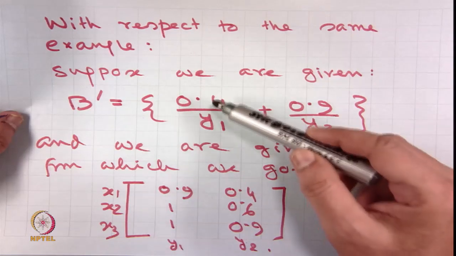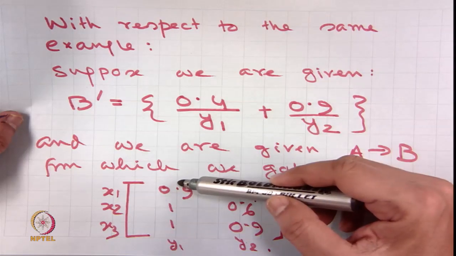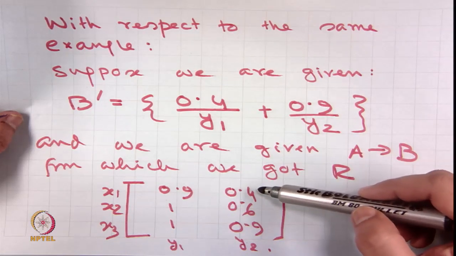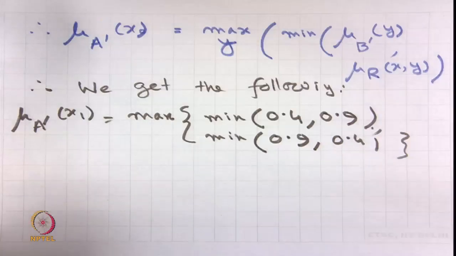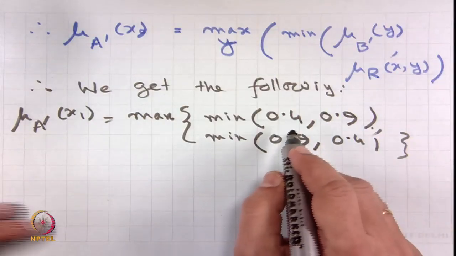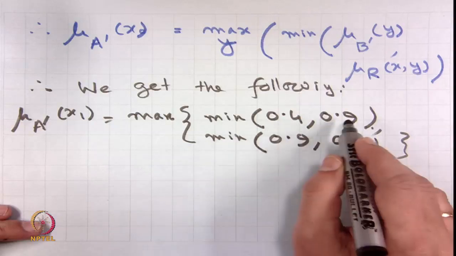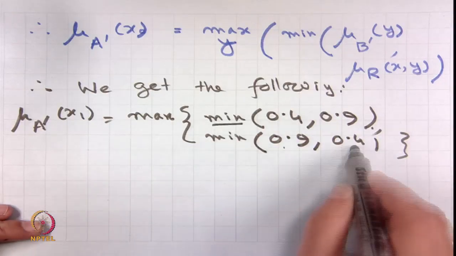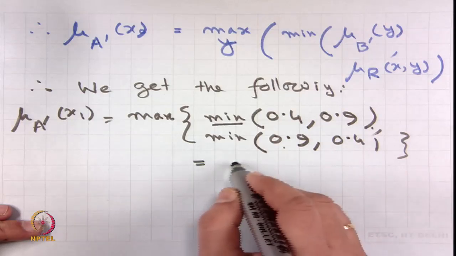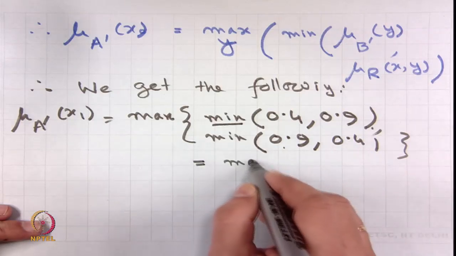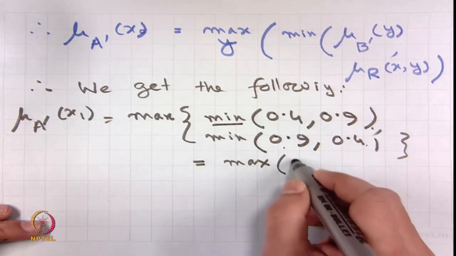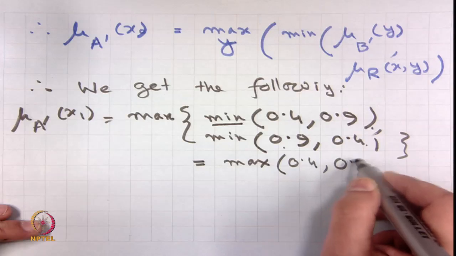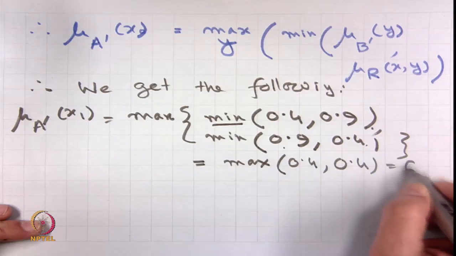So, you are looking at the minimum of this and the minimum of this and this, and we are taking the maximum of that one. So, we got 0.4 and 0.9, we are taking the minimum of that, 0.9 and 0.4, we are taking the minimum of that. So, what we get is maximum of 0.4 and 0.4 is equal to 0.4.